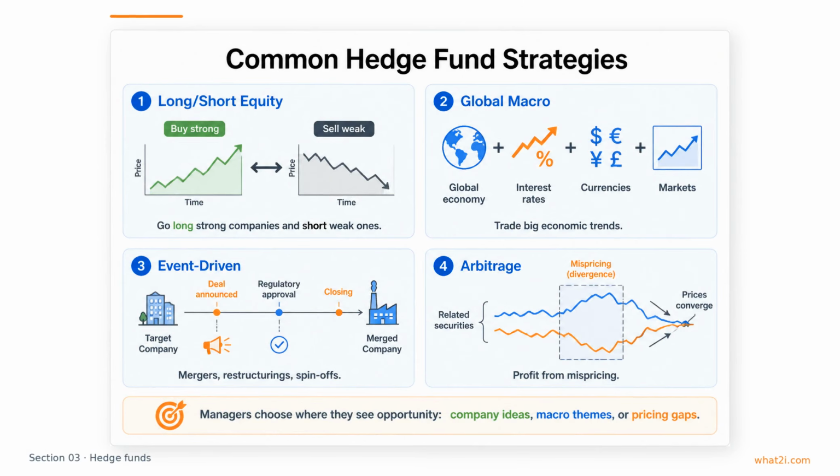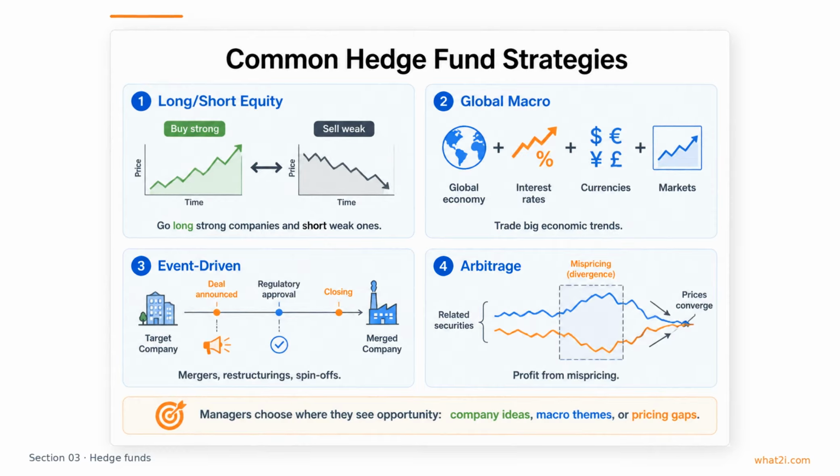Hedge fund strategies come in several common forms, each built around a different source of opportunity. Long-short equity funds buy stocks they expect to rise and short stocks they expect to fall. Global macro funds trade large economic themes, such as rate cycles, inflation trends, or currency shifts across countries.